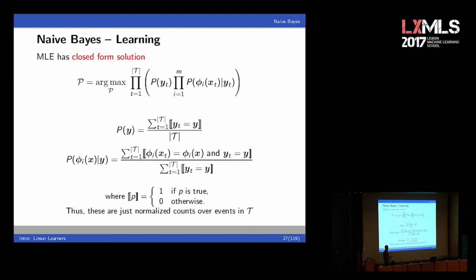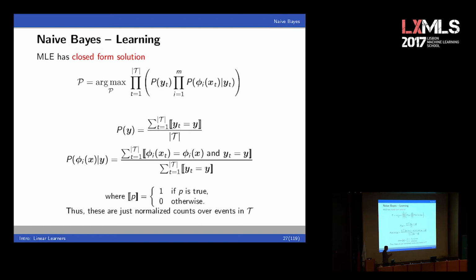Okay, and the independence assumption that we made before gives us a nice property in optimization, which is called a closed form solution. That means some parameters where we would normally have to use iterative algorithms to estimate them, can be calculated in a closed form, in an explicit form.